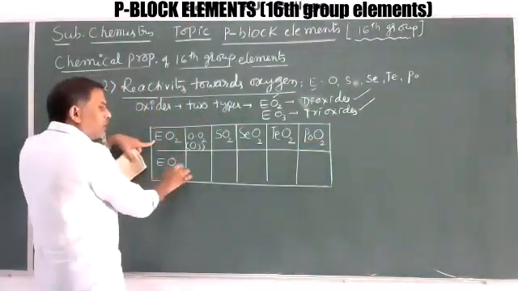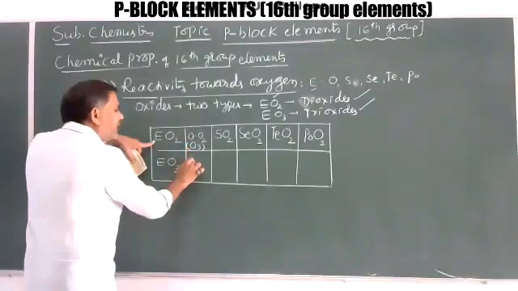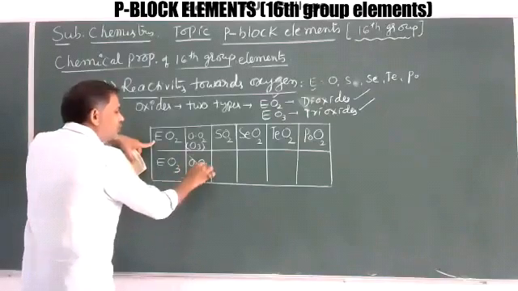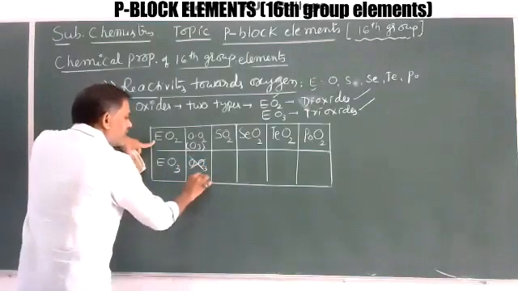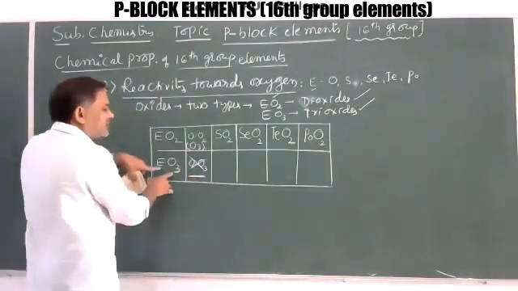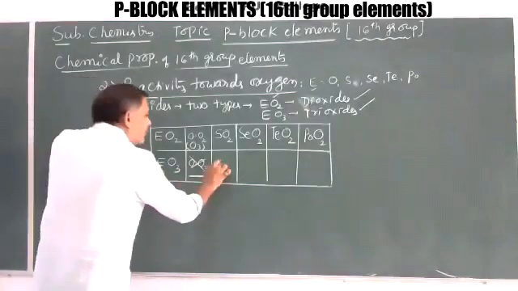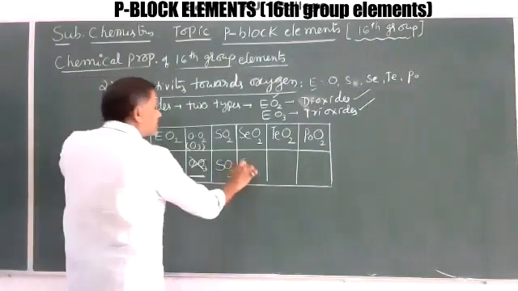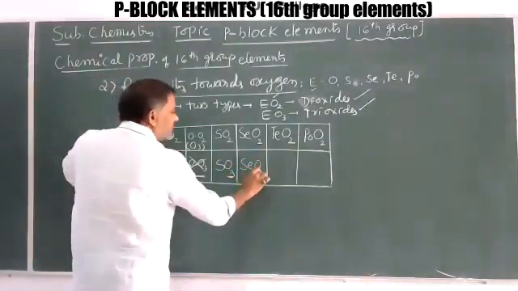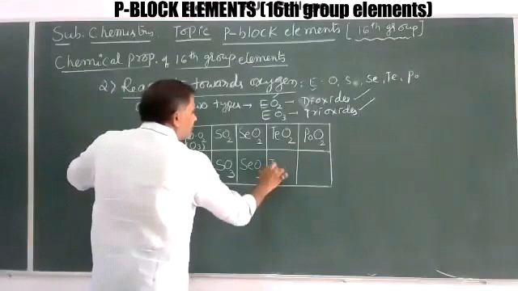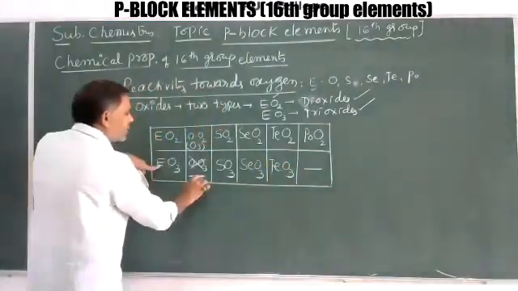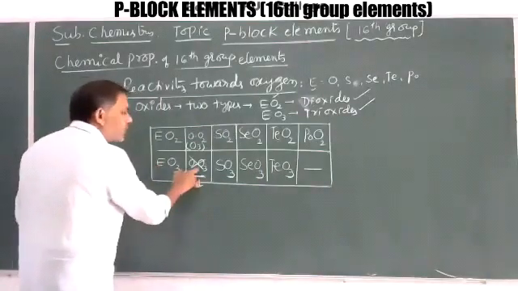Now for EO3, oxygen does not combine to form a trioxide; there is no such trioxide with oxygen. Sulfur combines with oxygen to form sulfur trioxide. Selenium forms selenium trioxide. Tellurium trioxide, here also not. These two are not possible. Why is it not possible?